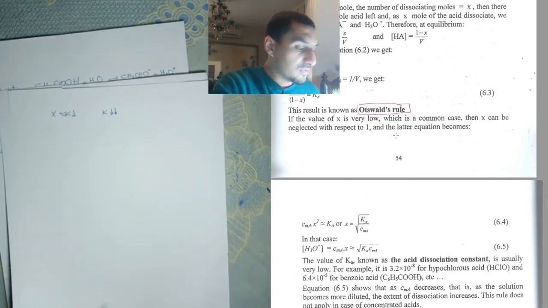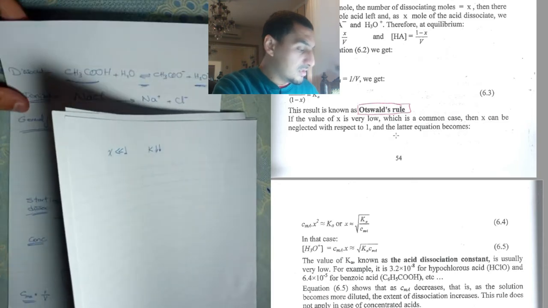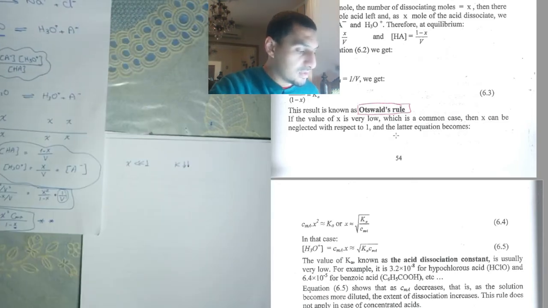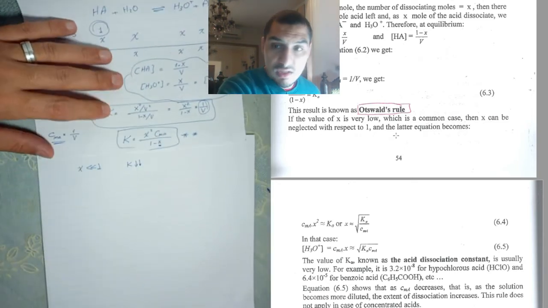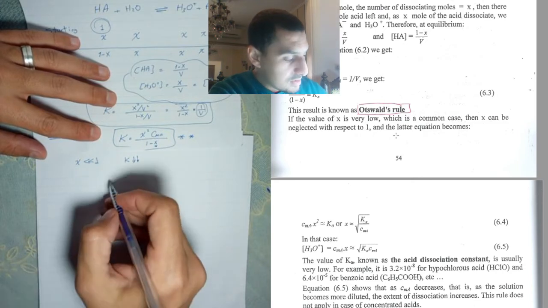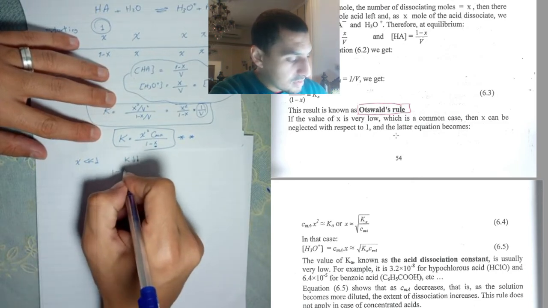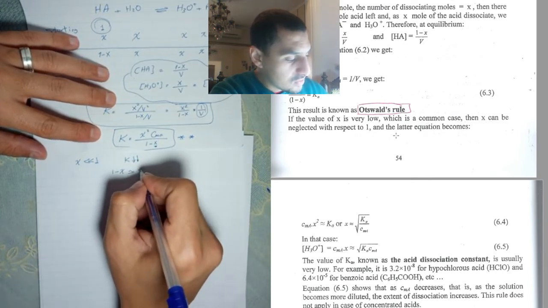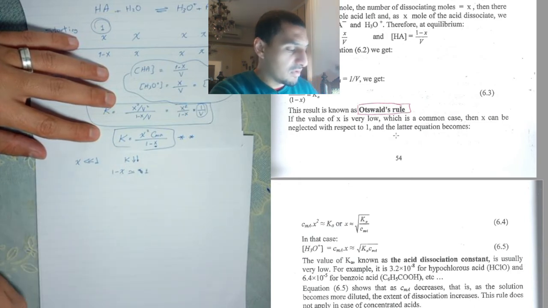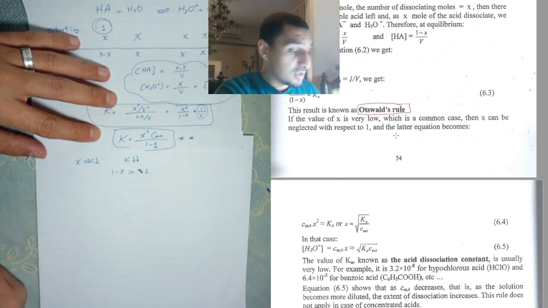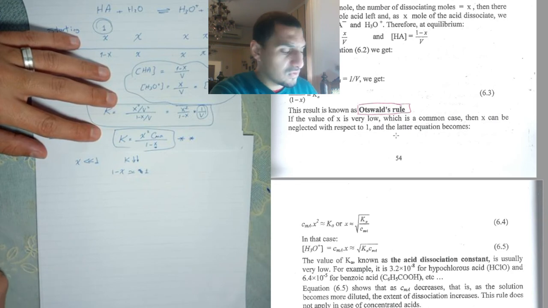So if K is small, then we can take another look at this equation here. We can say that 1 minus X is almost equal to 1. If X is 10 to the minus 2, then 1 minus X is 0.99, which is almost 1. So it is going to be almost the same.